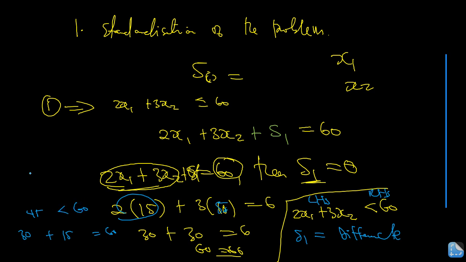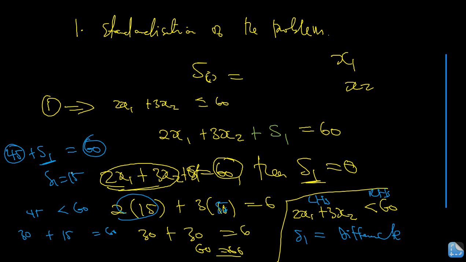So what we are basically saying now is 45 plus s1 is equal to 60. This s1 is going to take on the difference between 45 and 60. In our case, it will be 15. So s1 here will be equal to 15. I hope we are clear.